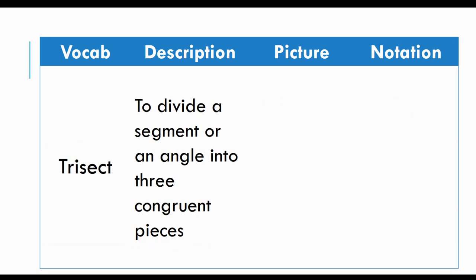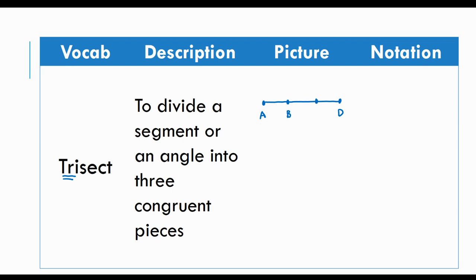To trisect, we'll think of the word tri, like tricycle has three wheels, or triangle has three sides. So to trisect means that we're either dividing a segment or an angle into three congruent pieces. Okay, so let's take a segment. Let's call that segment AD. To trisect it means that I'm going to have two additional points.